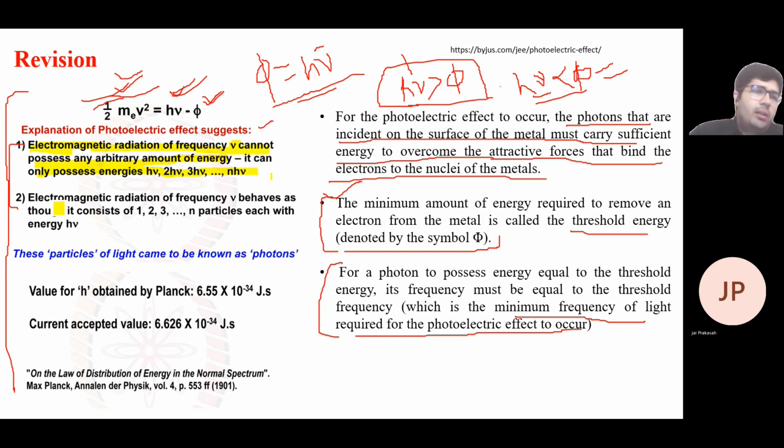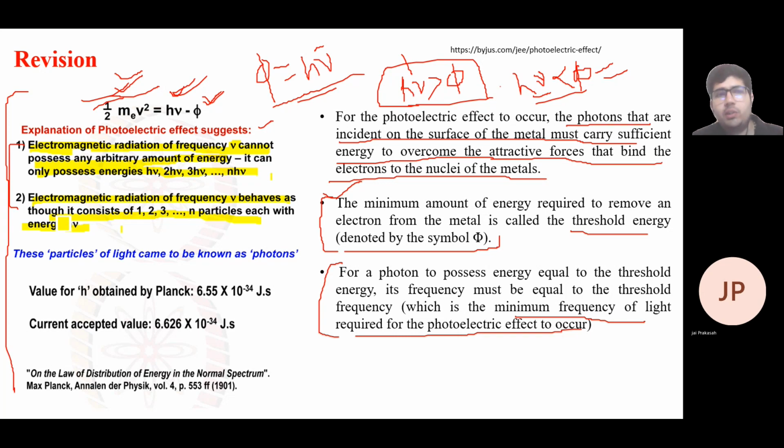Second, electromagnetic radiation of frequency nu behaves as though it consists of 1, 2, 3 or n particles, each with energy h nu.